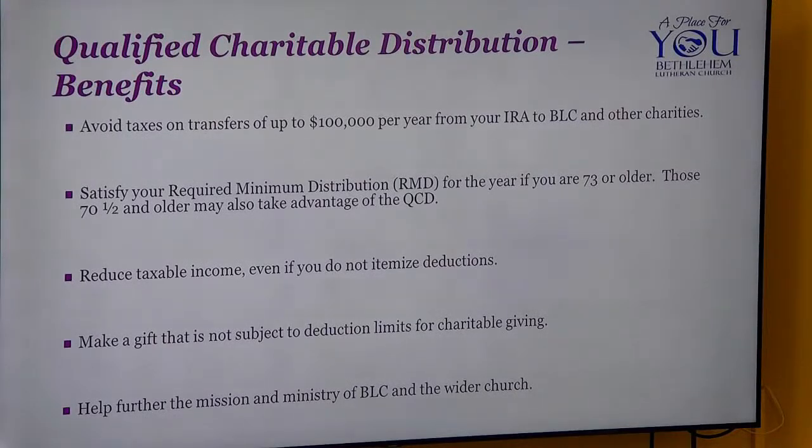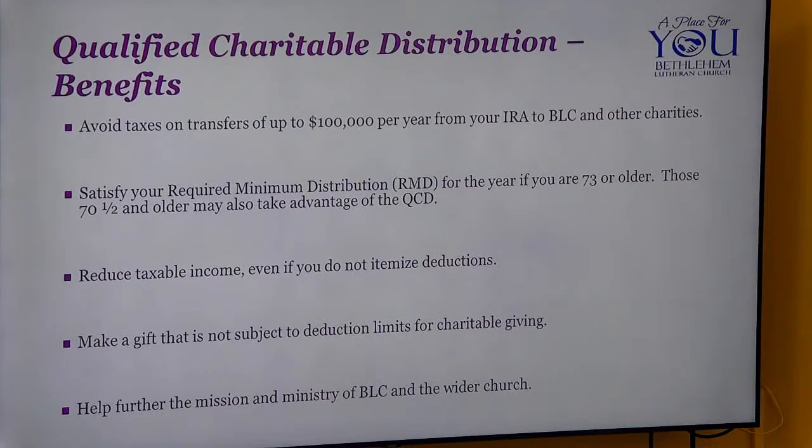If anybody needs more detail on that, I'd be glad to go into it, but I think we all know that a few years ago they raised the amount on the standard deduction, which means that most people, if they're donating to charity, unless you're doing the $300 on your tax return, most of you are not getting a tax deduction with your contributions to BLC, okay?